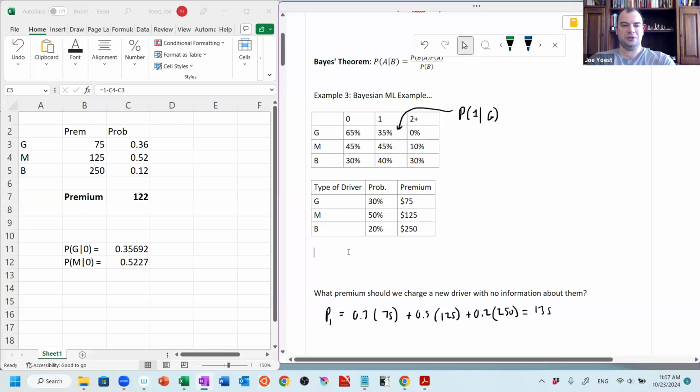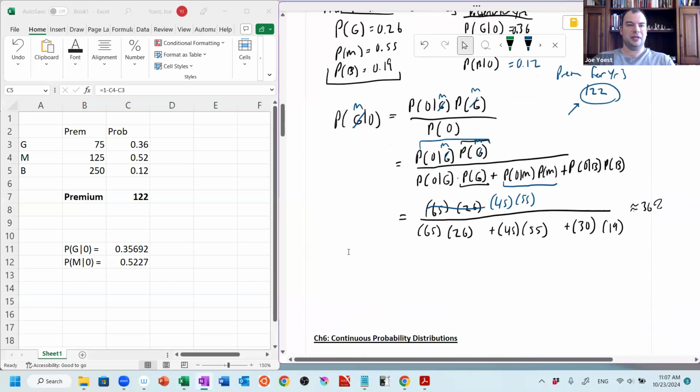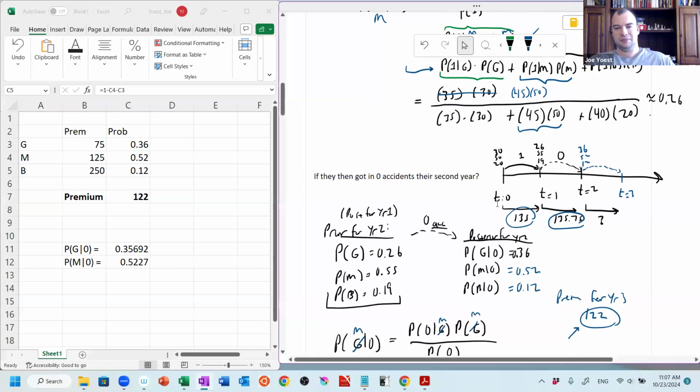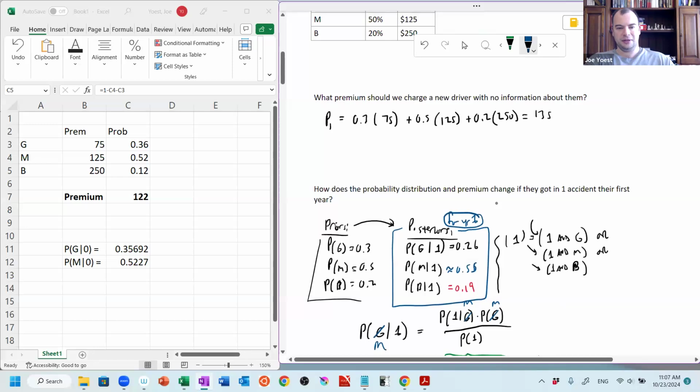And of course, if we wanted to incorporate driver age as well, instead of going temporally through time, we could think almost spatially: at a certain point in time, at time zero, I could start with these priors, 0.3, 0.5, and 0.2. That's for the general population.